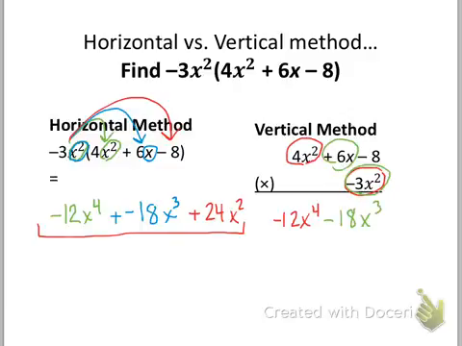And then you're going to take your last one, negative 8 times negative 3, which is positive 24x squared. Now, basically, this ends up being the exact same thing, both in work and what your final answer is. Whichever way you want to do it is totally fine with me.